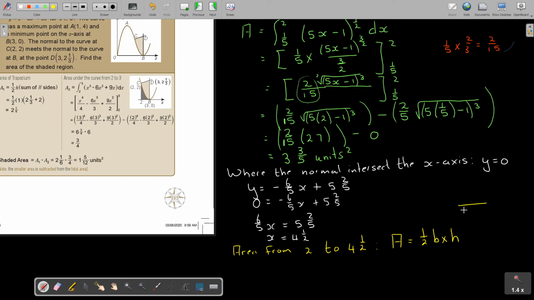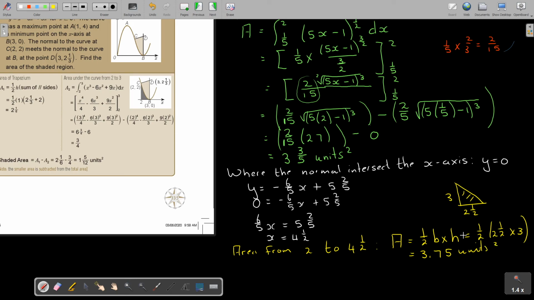Okay, so its area equals half base times height. And remember, that was 2.5, and that was 3, so it's just going to be a half, 2.5 times 3. And if I do that, 2.5 times 3 times 0.5 equals 3.75. And that's going to be 3.75 units squared.